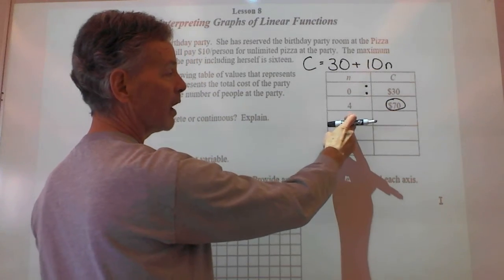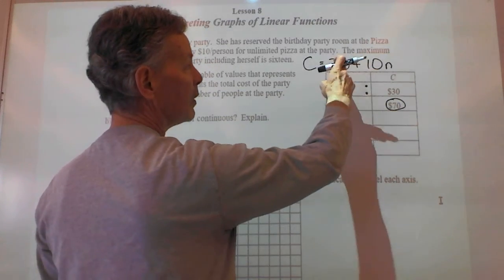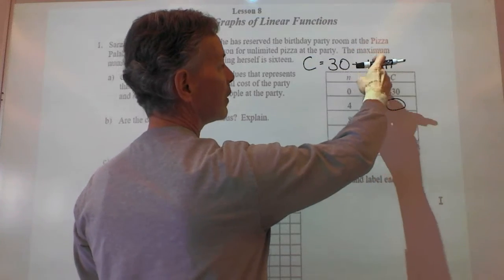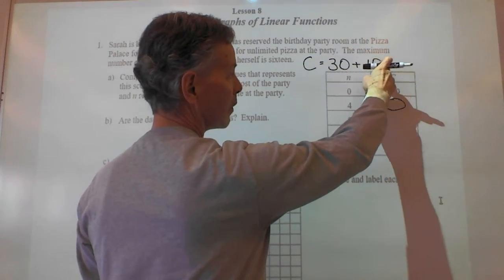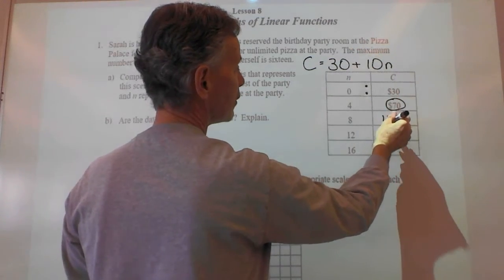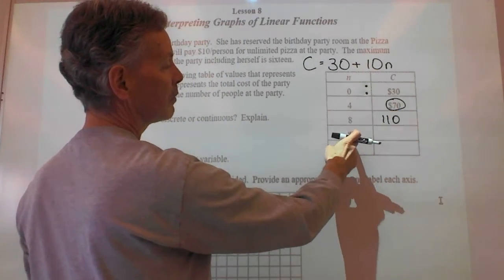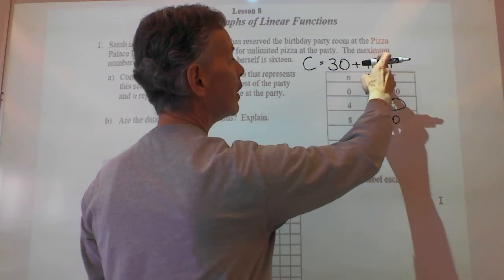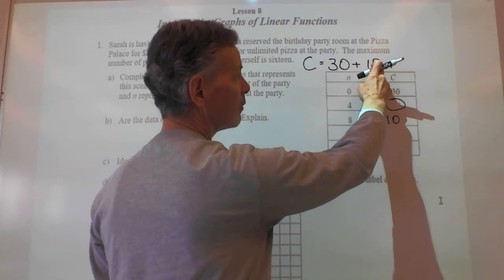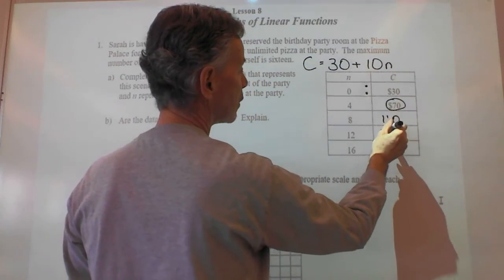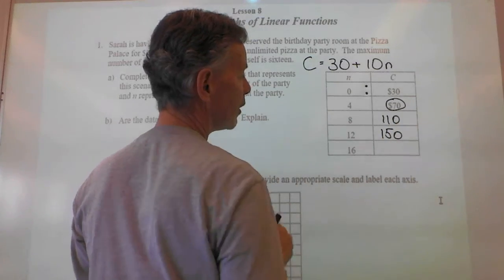Now if 8 people came, it would be $30 plus 10 times 8, or 80, for a grand total of $110. Well, what about 12 people? Well, that would be $30 plus 10 times 12, or 120, for a grand total of $150.